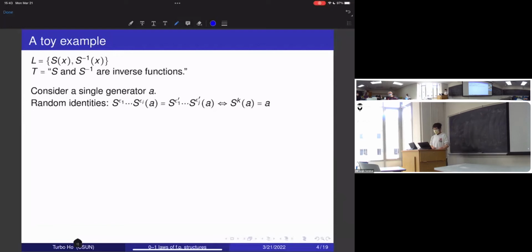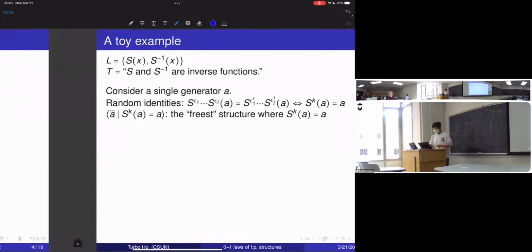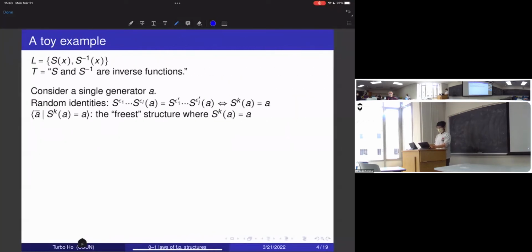It's straightforward to show this is always equivalent to S to the K of A equals A, for some integer K. So what you end up getting here is what we call a presentation. The left-hand side of the presentation tells you what the generator is, and the right-hand side tells you what identity you have to satisfy. In this case, you only have one identity.